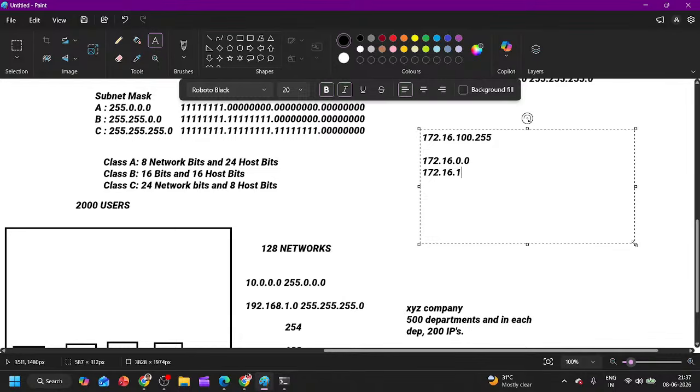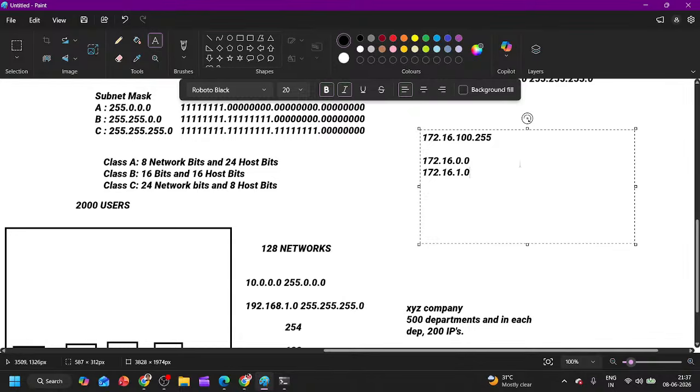What will be the next network? Second network: 172.16.1.0. All of you are saying this is the second network, 172.17.0.0 or 172.16.1.0. Are we creating a subnet or a network?